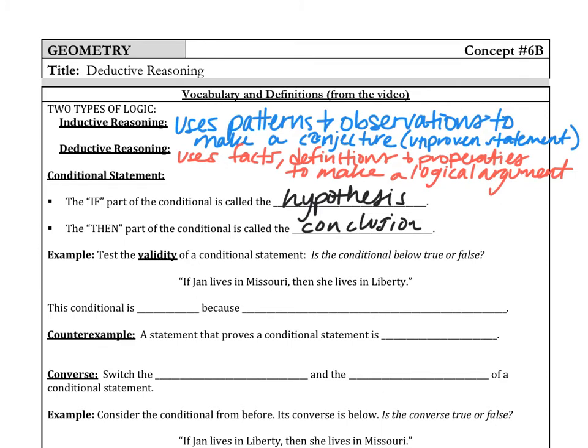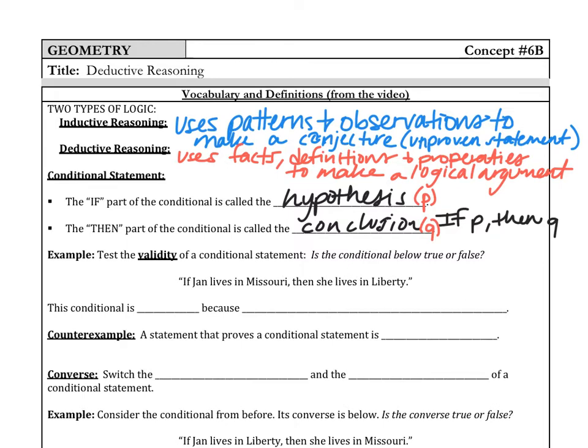And when we're writing hypothesis and conclusions, conditional statements, a lot of times you'll see this: if P, then Q. So P stands for the hypothesis, and Q stands for the conclusion. If P, then Q, those are the letters that you'll see used.